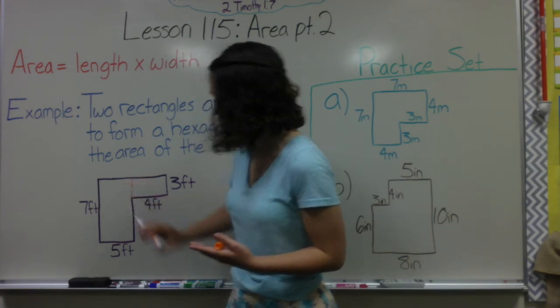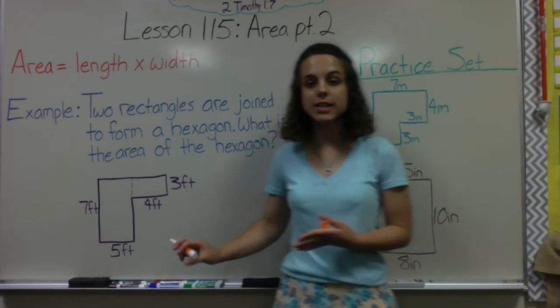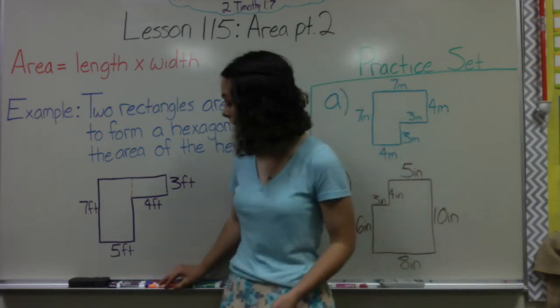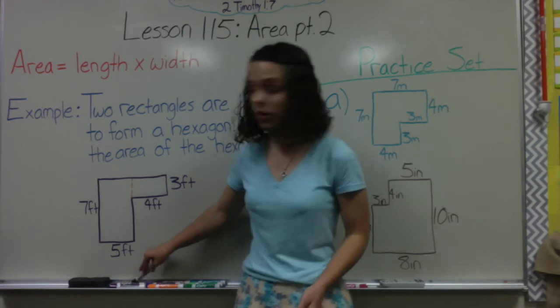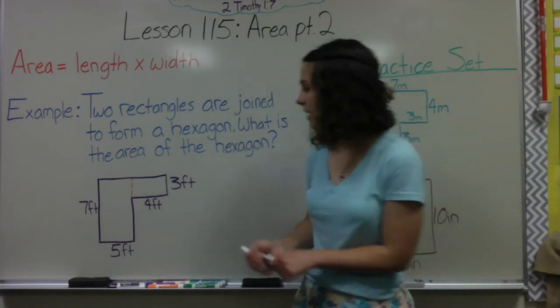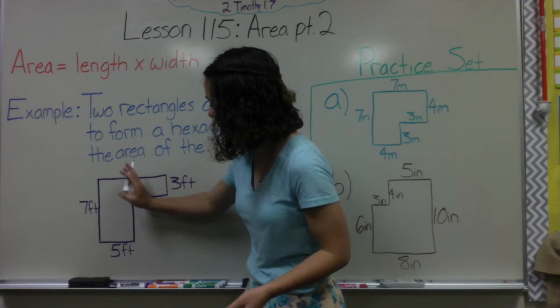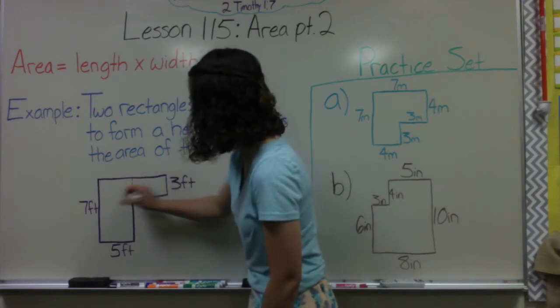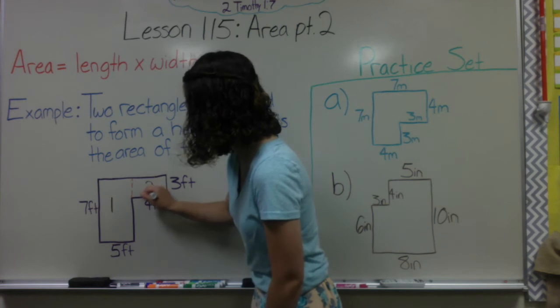This one will be the easiest, but there's a lot of different ways that you can break it down into 2 rectangles. And we know how to find the area of a rectangle. It's length times width. So we just have to treat it as a separate rectangle. If I cut this part off, this is going to be number 1, and this is going to be number 2.